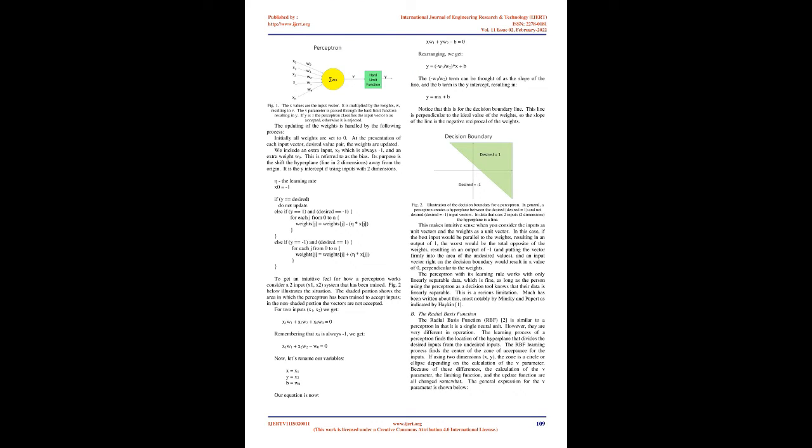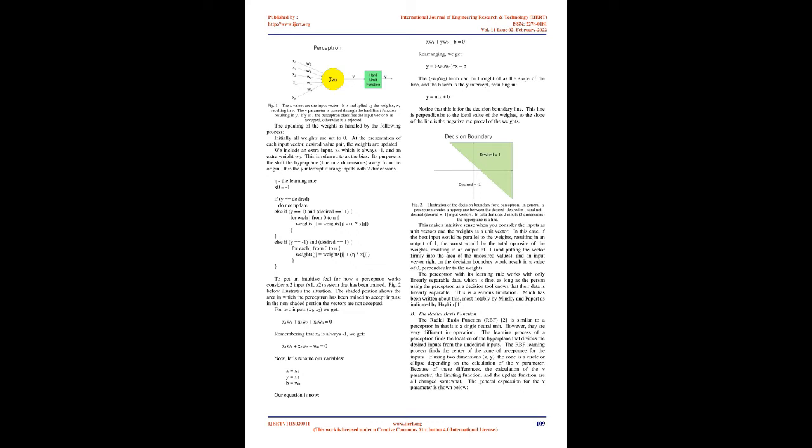In general, a perceptron creates a hyperplane between the desired (equals 1) and not desired (equals -1) input vectors. In data that uses 2 inputs, 2 dimensions, the hyperplane is a line. This makes intuitive sense when you consider the inputs as unit vectors and the weights as a unit vector.